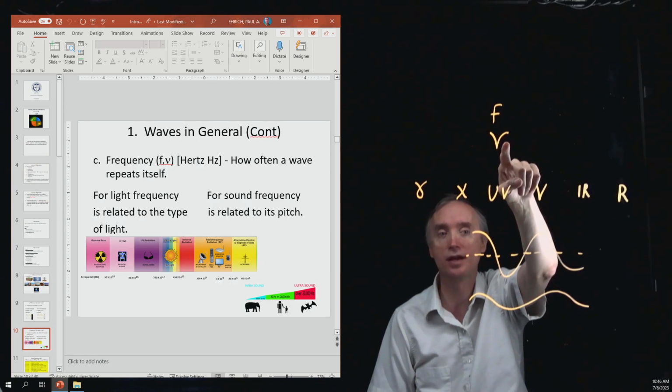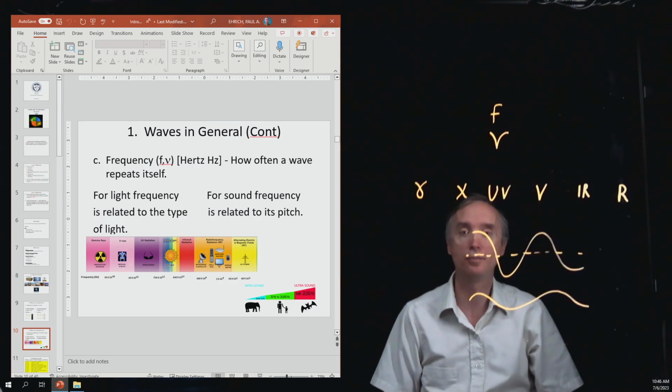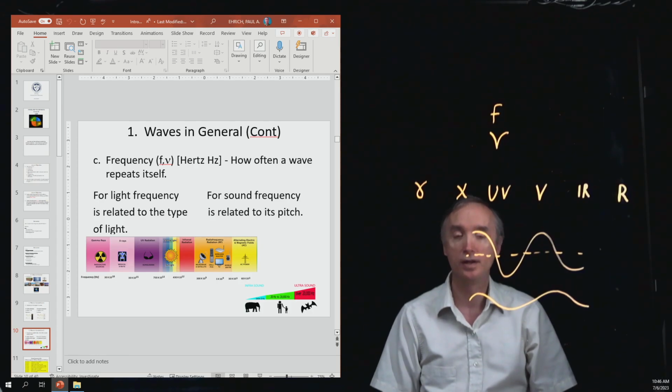Depending on your textbook, they might use that letter up there to indicate frequency. You do need to know that the official metric unit for frequency is called hertz, Hz, and it's how often a wave repeats itself.